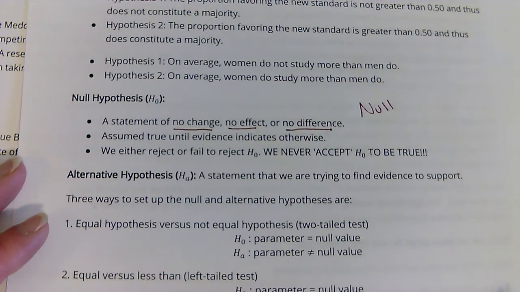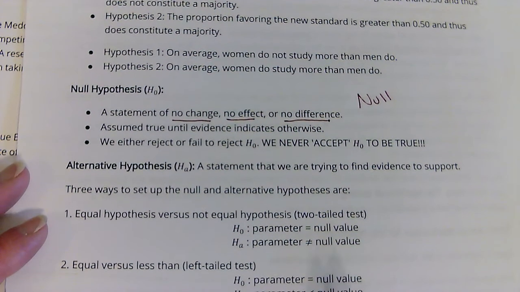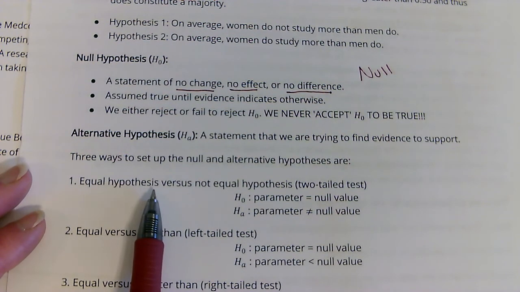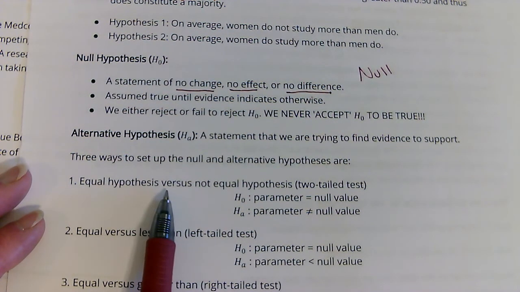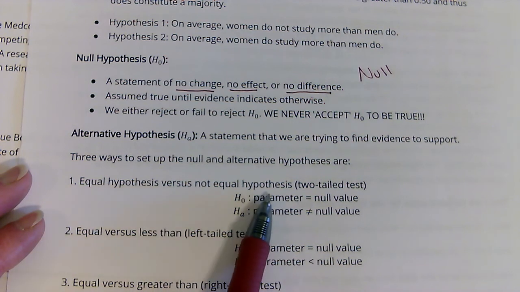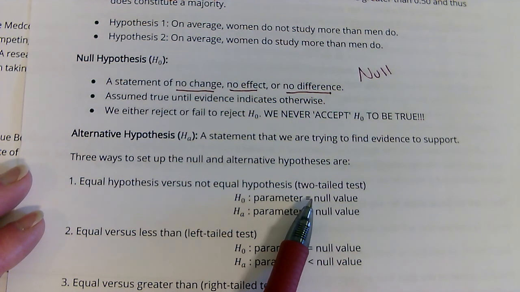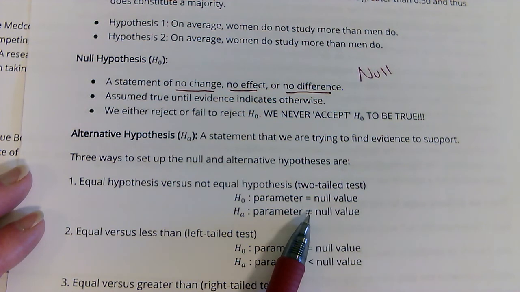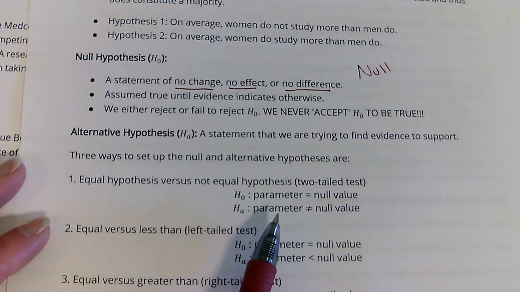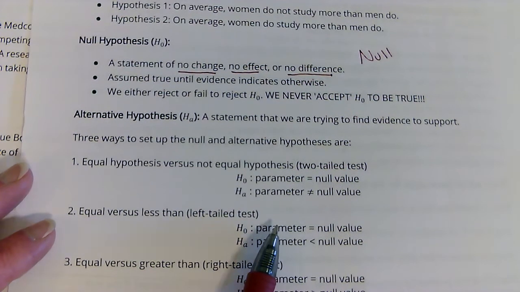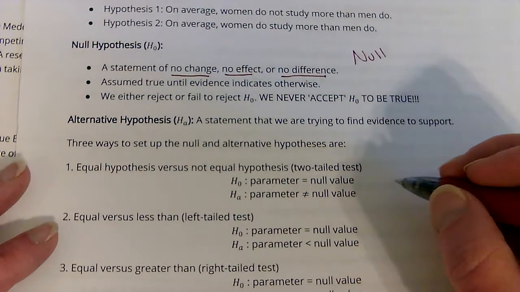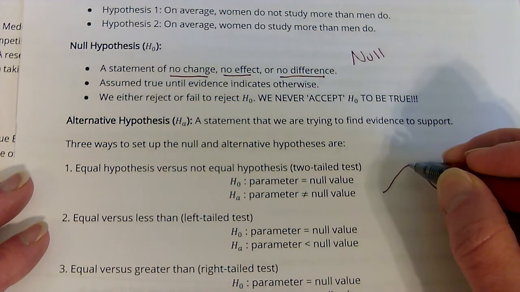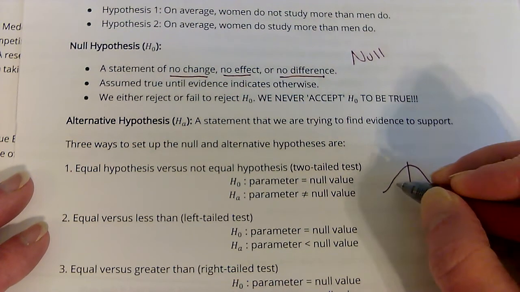Now, there's three ways this can be set up. Either the parameter is equal to the value, or it's not. And this is considered a two-tailed test, and that's because we're either equal to that value or it's everything else.